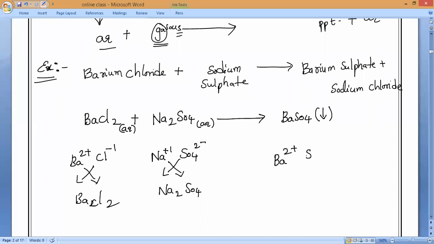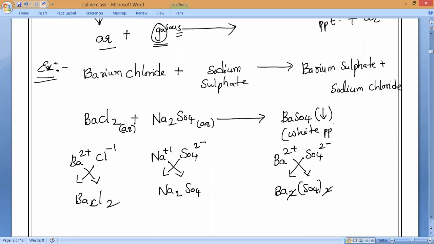So Ba2+ and SO4 2 minus, both 2 get cancelled, and BaSO4 will come. This precipitate is white in color.